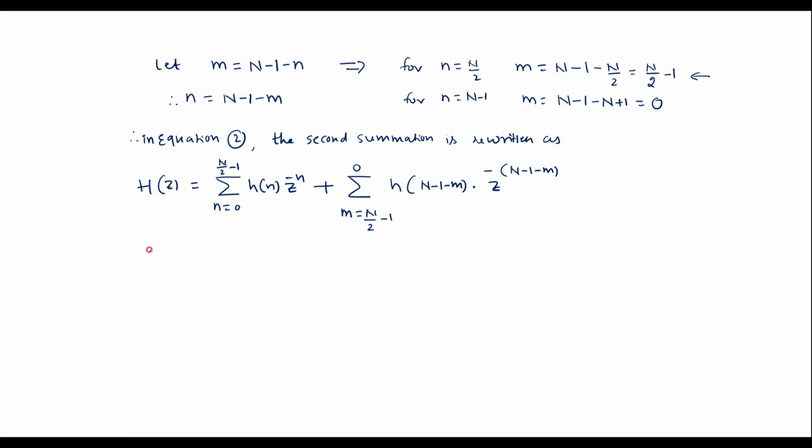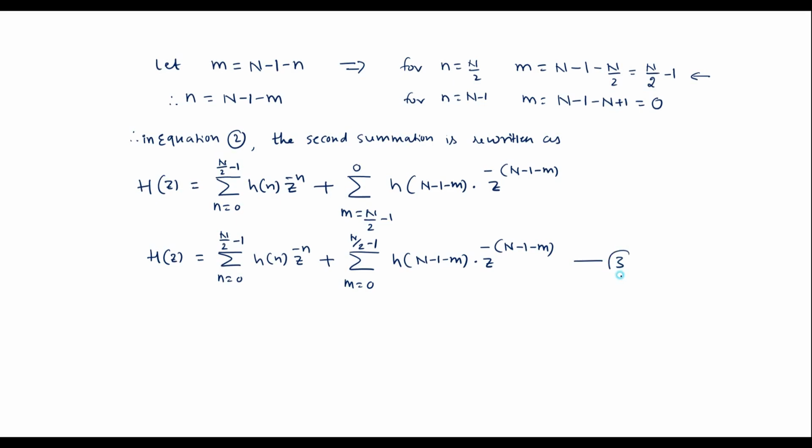So I will rewrite this equation as H of z is equal to summation n is equal to 0 to N by 2 minus 1 h of n z power minus n plus, now I will interchange the limit values, that is m is equal to 0 to N by 2 minus 1, which is the same as this one, h of N minus 1 minus m z power minus of N minus 1 minus m. I will call it equation 3.